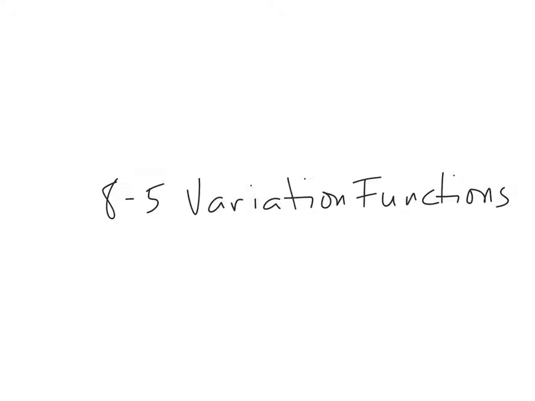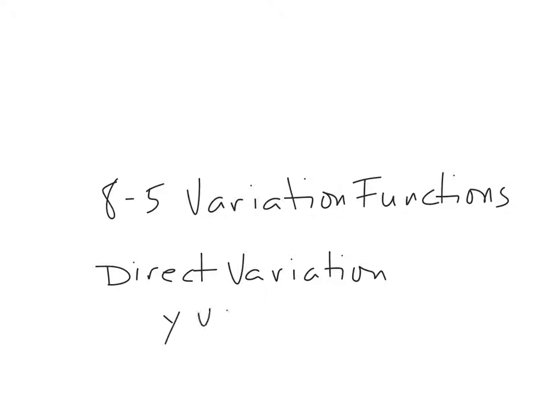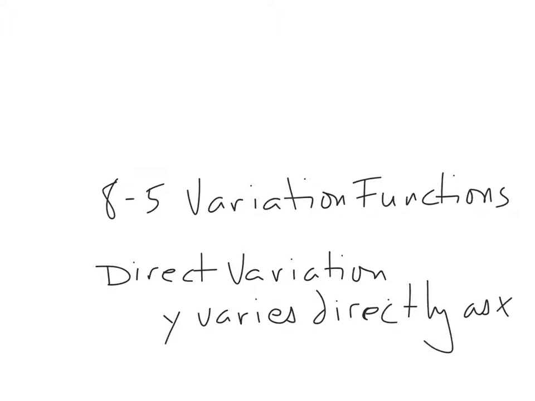So, here we go. The first type of variation is direct variation. And when we have direct variation, then we would say something like y varies directly as x.